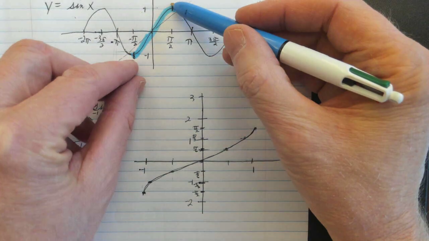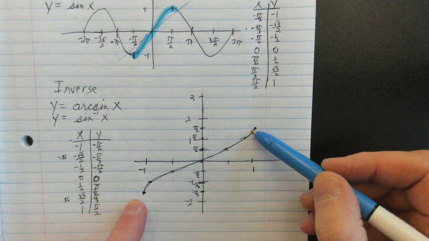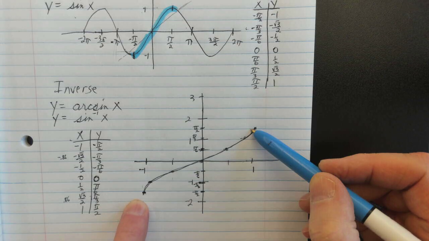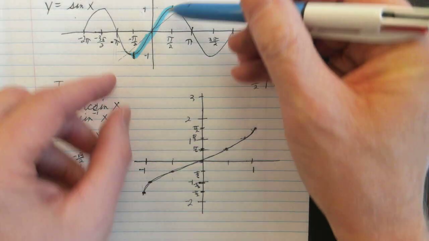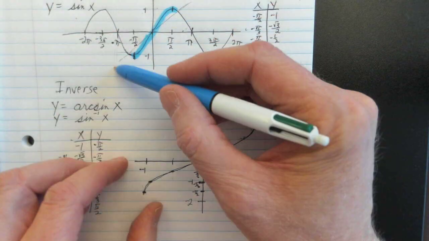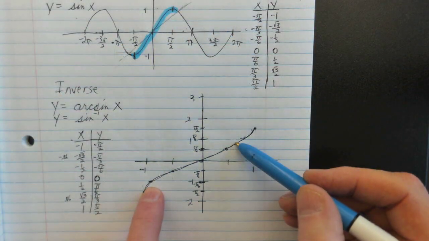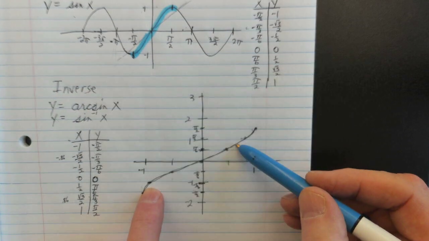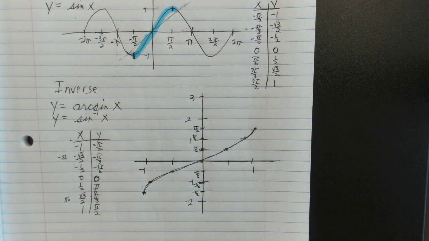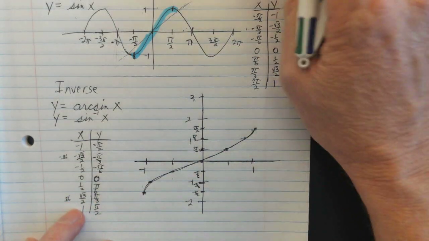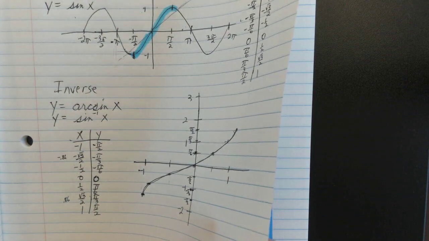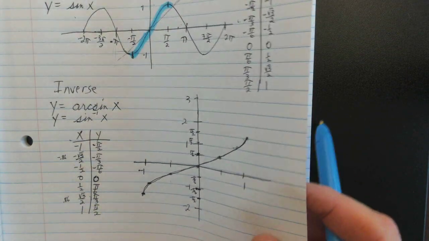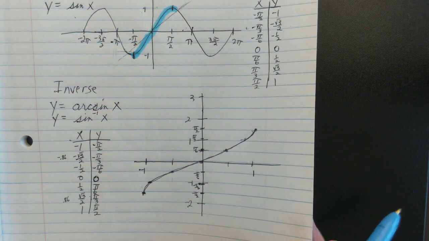And if I flip this over that, wouldn't it kind of look like that? Am I picturing that right? If I flip this over the y equals x line, I'd have something that looks like this. Okay, they are inverses, that's why. Remember, inverse functions are symmetric over y equals x, the graphs of them. All right, that's sine of x. Any questions?